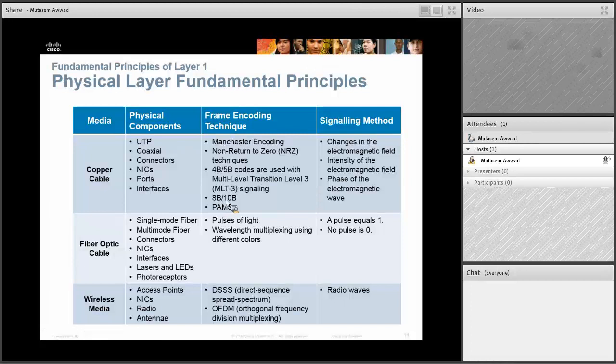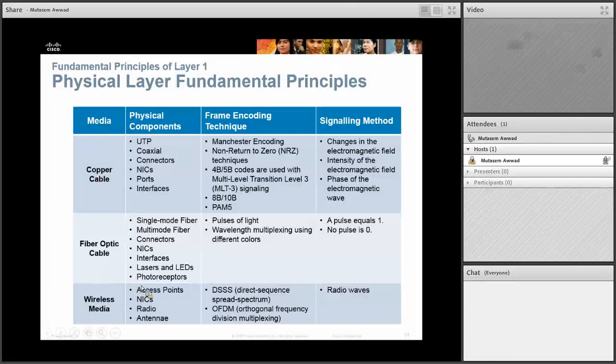And what you look for is the changes in the electromagnetic field intensity to determine if it's a 1 or a 0. Okay? When it comes to fiber optic cable, it's really pulses of light that you are sending inside that fiber. If you detect light, it's a 1, and it's a 0 if there is no light.